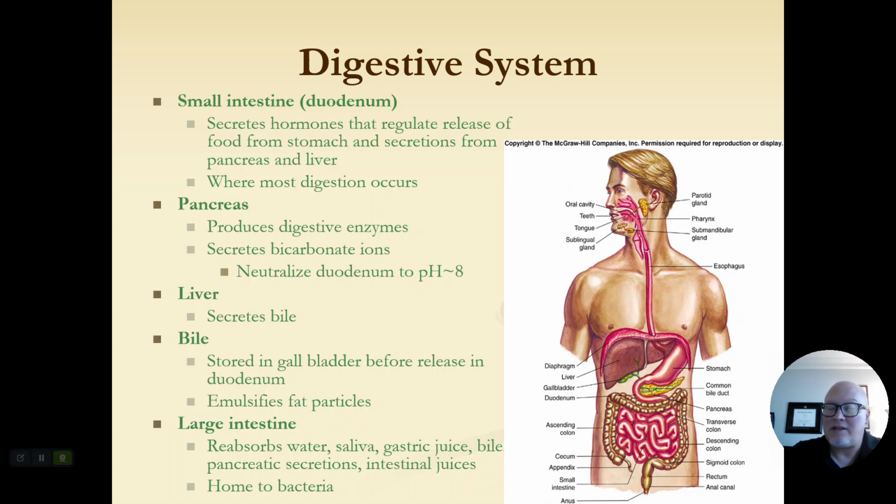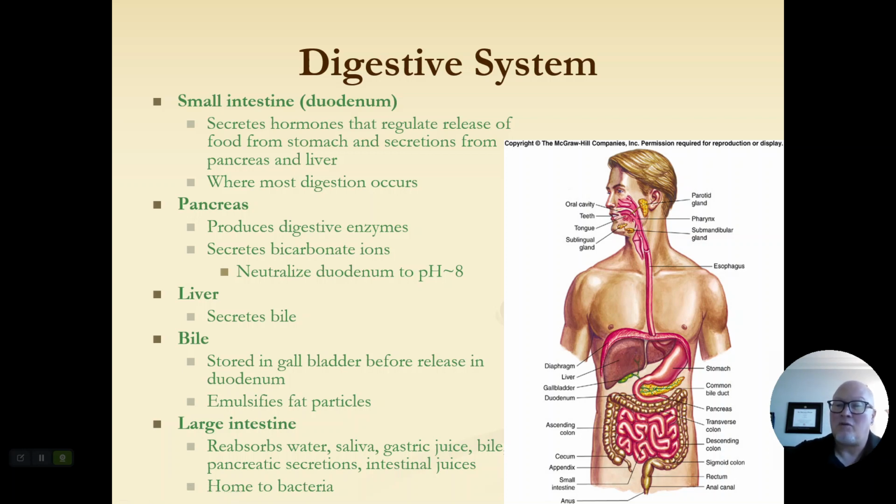Primarily, what's going to be happening in the large intestine is this is where most of the water is going to be reabsorbed from what's left of the food substances. You've absorbed most of the nutrients in your small intestines, because even though they're smaller in diameter, they're much longer.